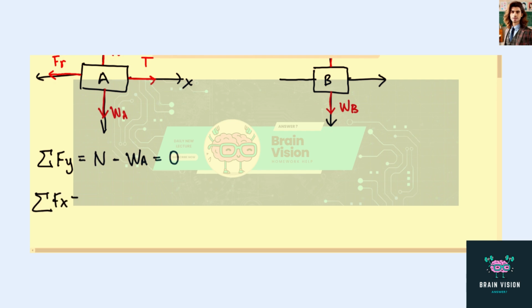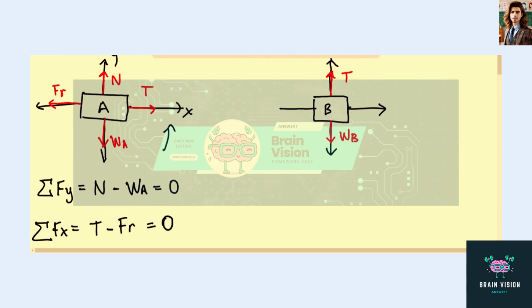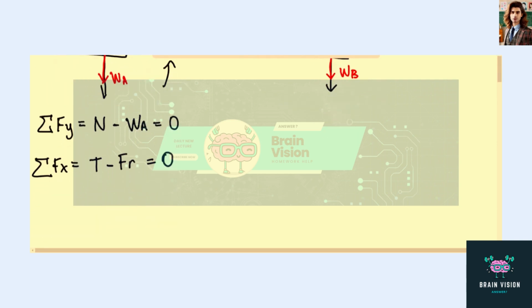For the x component, we have the tension, which is positive because we set this direction to be positive, minus the friction force. This is also equal to 0 because we want the condition when the velocity is constant, and when the velocity is constant, the acceleration is 0.